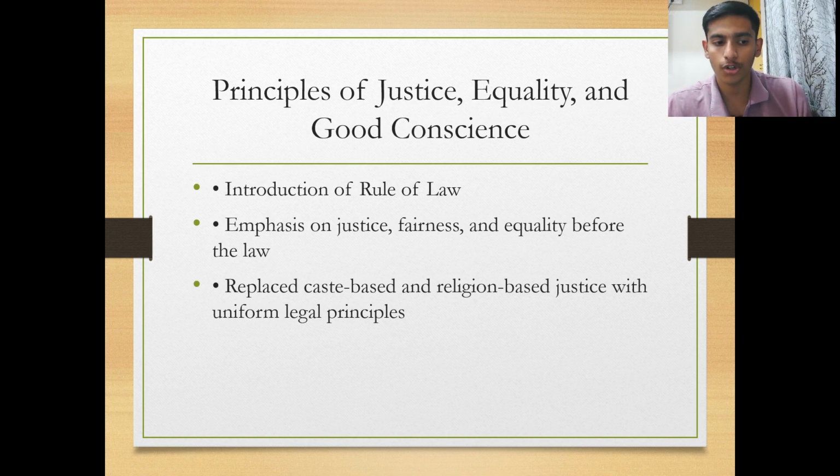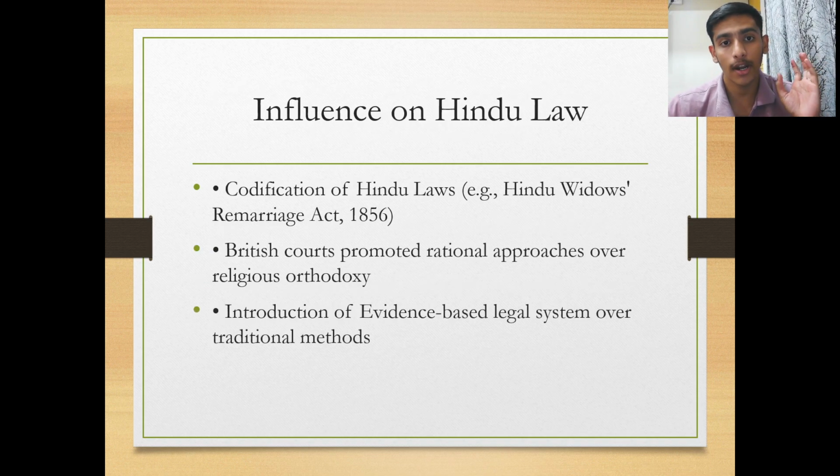We see in the Constitution also we have Article 14, equality before law. Similarly, it replaced the caste-based and religion-based justice with uniform legal principles. So uniformity was established throughout these principles of justice, equality and good conscience.